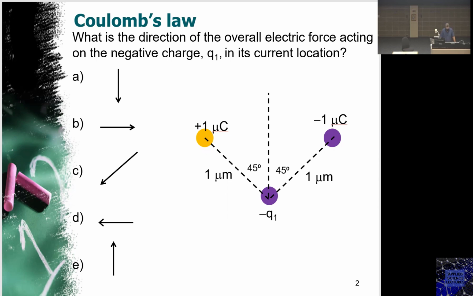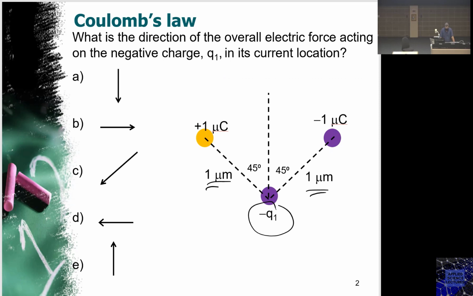In this example, we have three charges, as you can see here: minus 1 microcoulomb, 1 microcoulomb, and then minus Q1, where the distances are equal between this minus Q1 and this negative 1 microcoulomb and positive 1 microcoulomb.